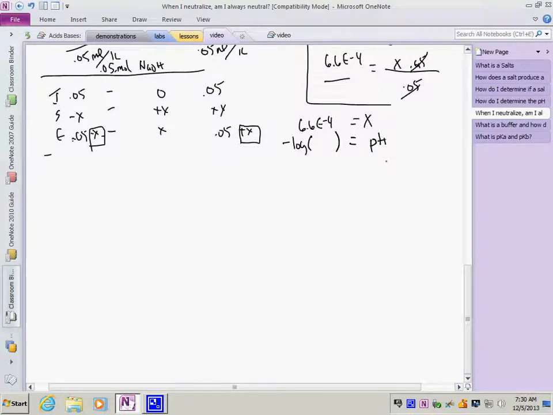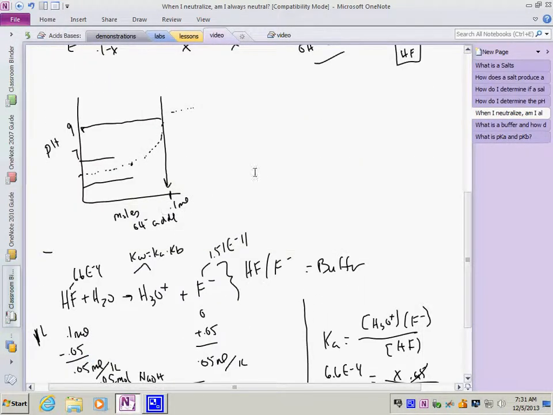All right, 6.6 equals 3.18. So my pH equals 3.18, and that is my pH at the half equivalence point.